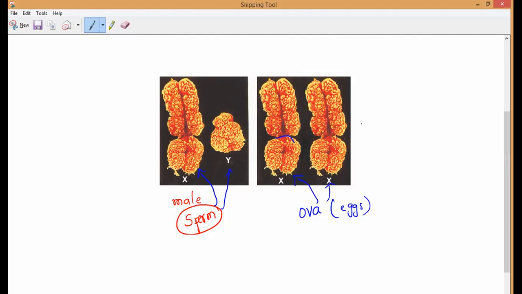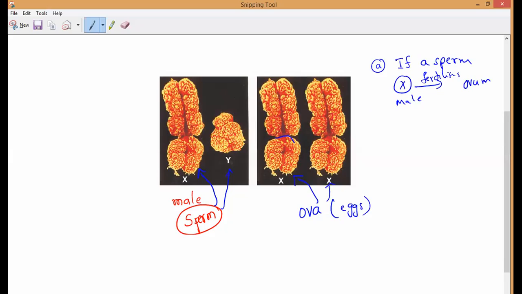So now let us come here. The sex of a child depends on what happens at fertilization. Let us take the first point. If a sperm is carrying an X chromosome, this is from the male, then it will fertilize the egg or ovum.